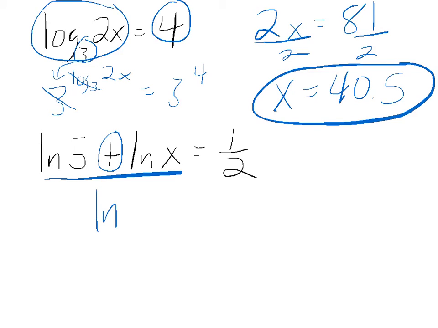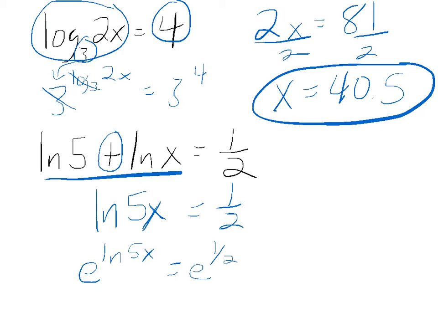So I'm going to go natural log of 5x, right? They're being added, so I combine them into a single one by multiplying. Now, what's the opposite of a natural logarithm? Well, it's an exponential with a base of e, right? Log base e is natural log, so I can go e to the natural log 5x equals e to the 1/2.